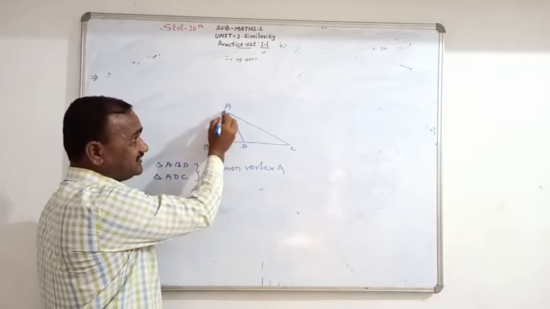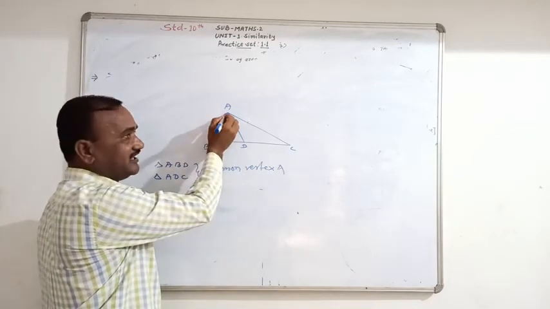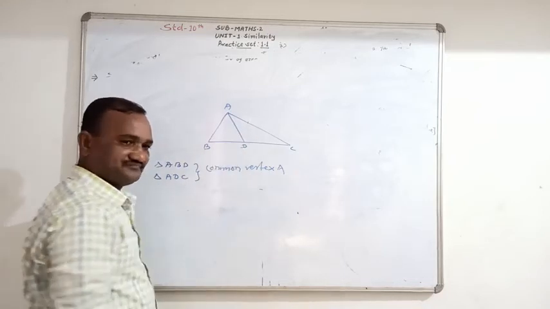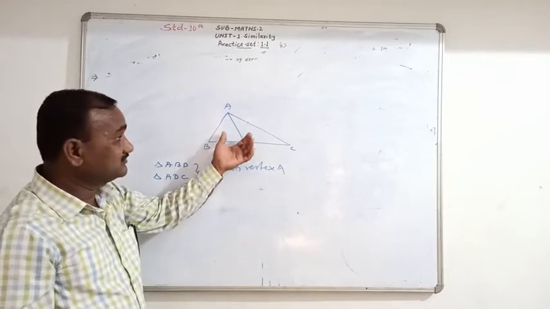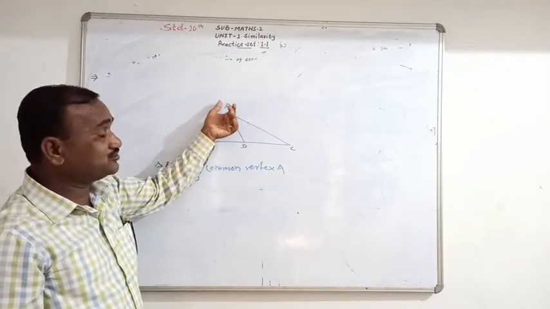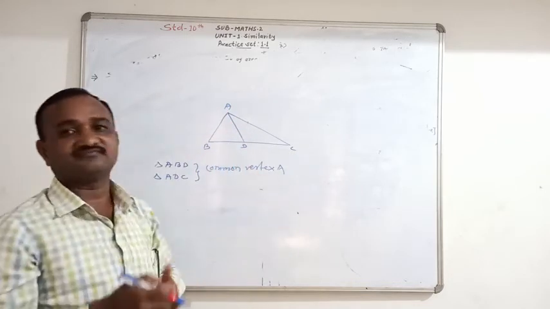In triangle ADC, side opposite to A is DC. In both triangles, BD and DC are in one line.